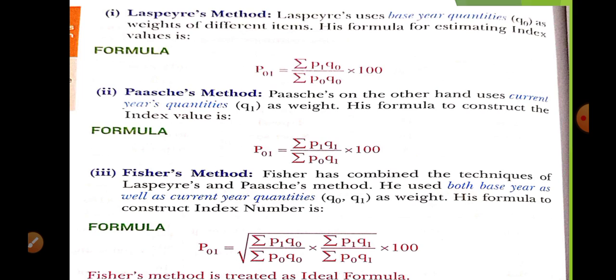Laspeyres has given base year quantity for weight, and the equation is sigma P1 Q0 upon sigma P0 Q0 multiplied by 100. Paasche has given current year quantity as a weight, and the equation is sigma P1 Q1 upon sigma P0 Q1. Fisher had given weight to both current year as well as base year quantity.